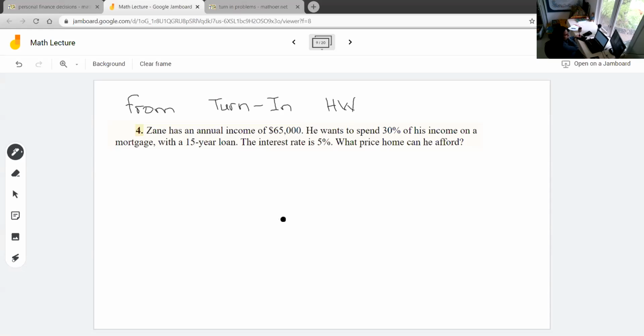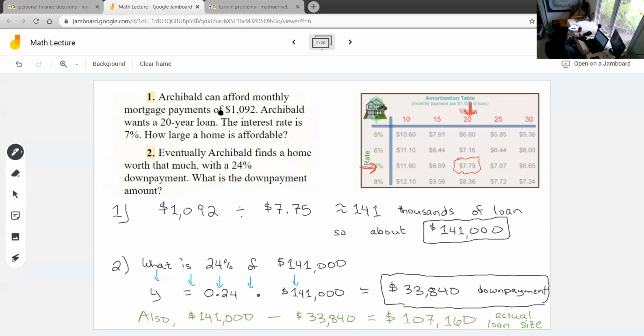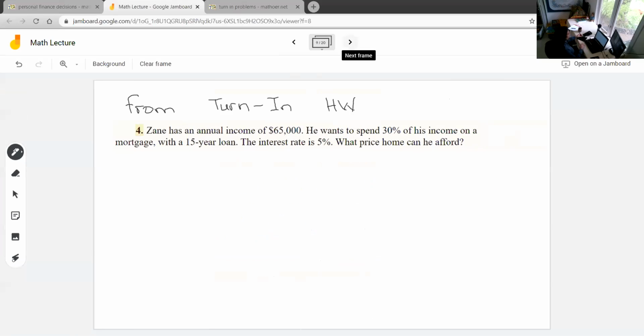So we're starting a little bit before where we started in the random ones. The random ones that will show up on tests, we were just told they can afford this much per month. Here we're looking at he has an annual income of this amount, and he's going to spend 30% on his mortgage.